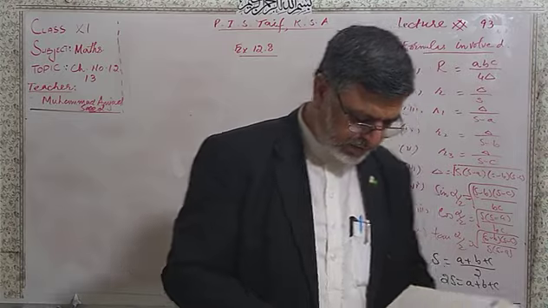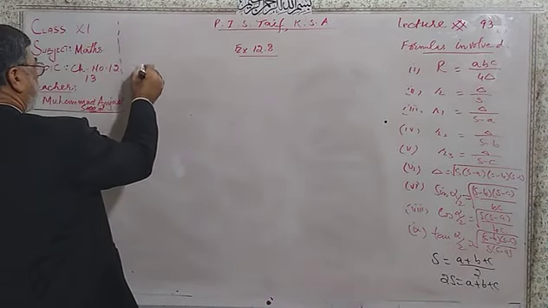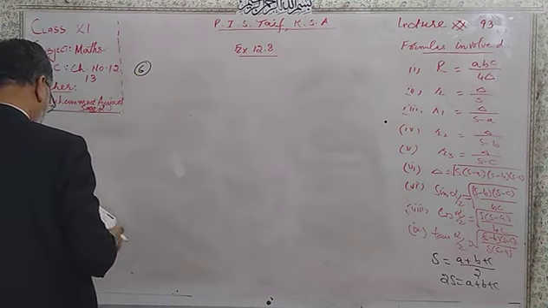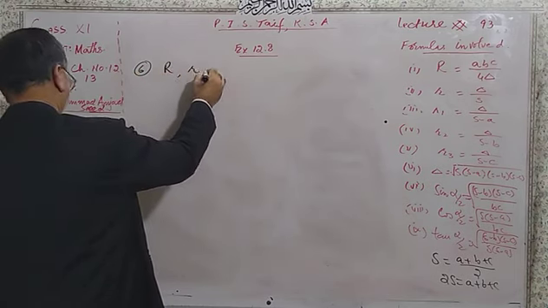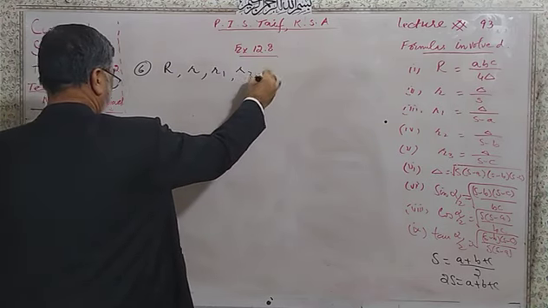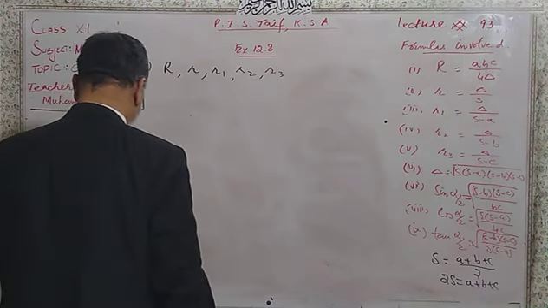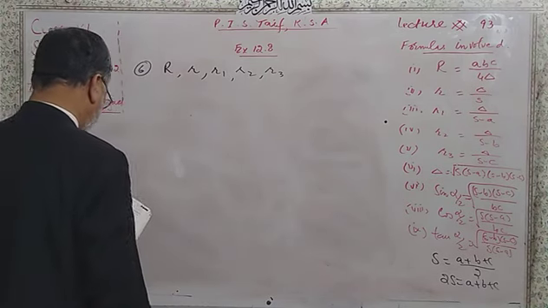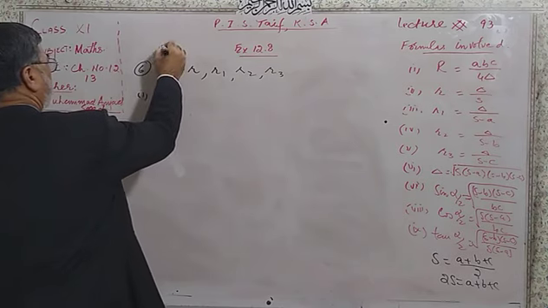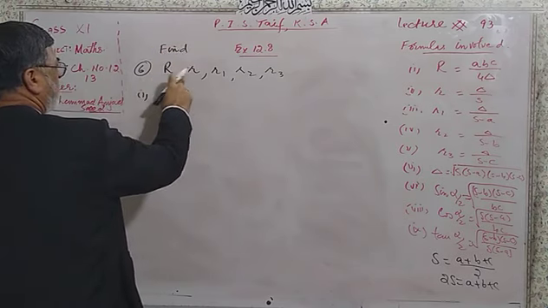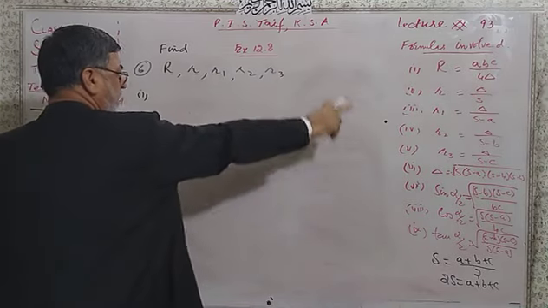Question number 6: find capital R, small r, R1, R2, R3 if the values of the sides of the triangle are given. All these formulas are written there.